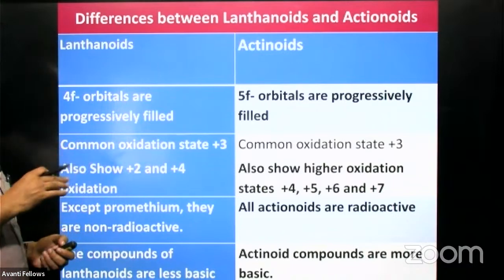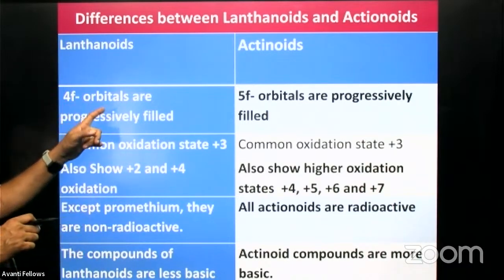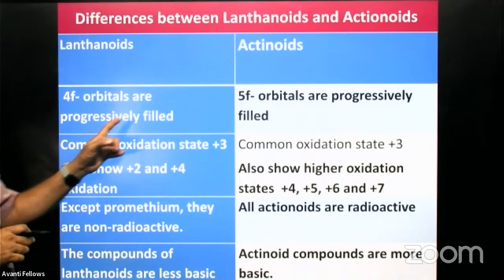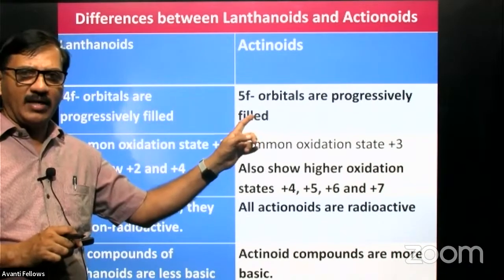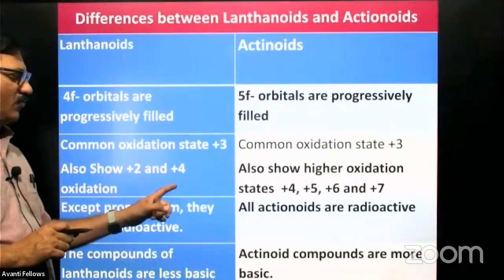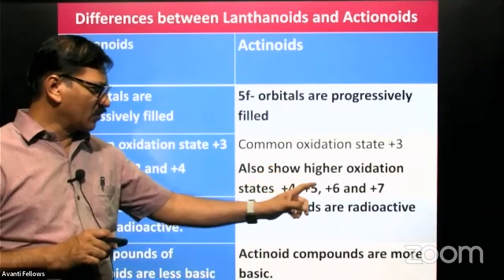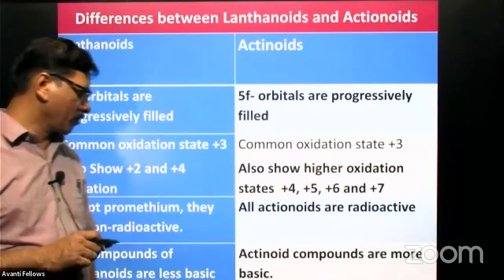What are the differences between these two? At this point it is better to know. In the lanthanoids, 4f orbitals are progressively filled; here 5f orbitals are filled. That is the difference. The common oxidation states of lanthanoids are +3, +2, +4. Actinoids show +3, +4, +5, +6, and +7 also.